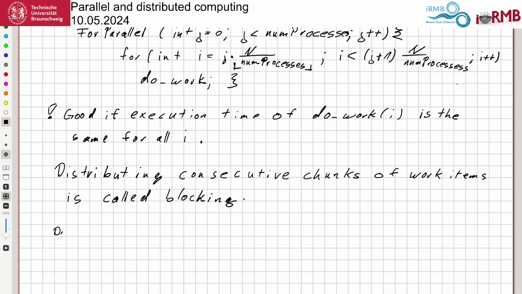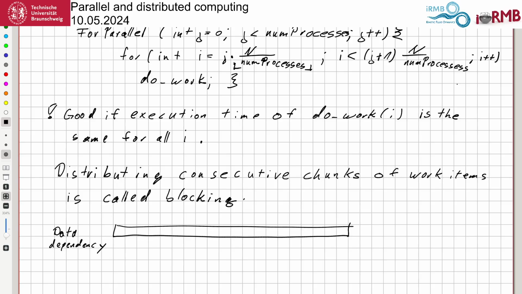So say we have a data dependency. Here we have our chunk of data, that's all of the data, and then there is data block 1, data block 2, and data block 3.